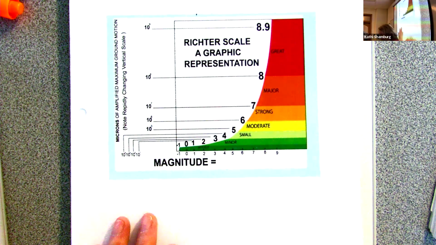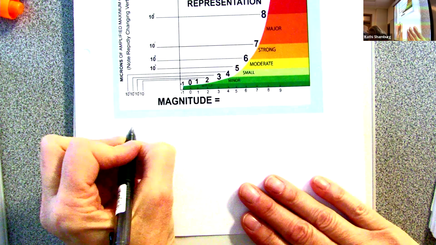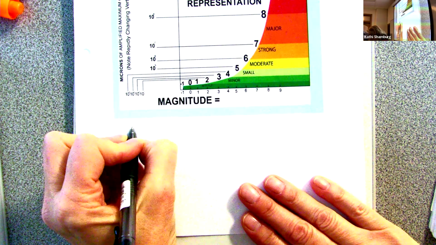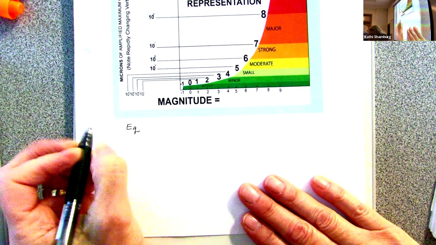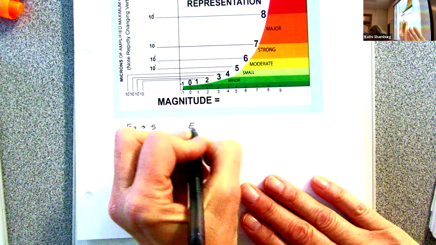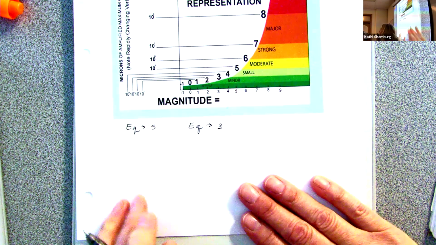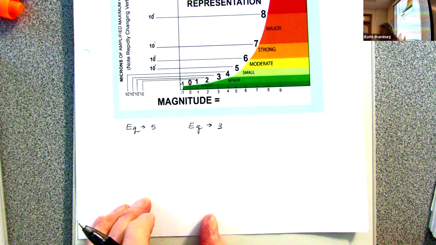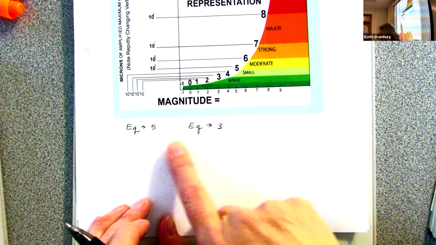Say we had an earthquake that measured a 5, and then another earthquake that measures a 3. This one is not 2 times as strong. That's not what it means, okay?